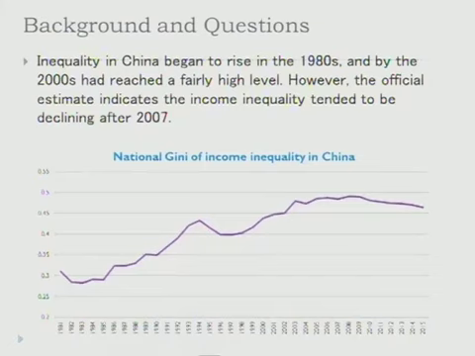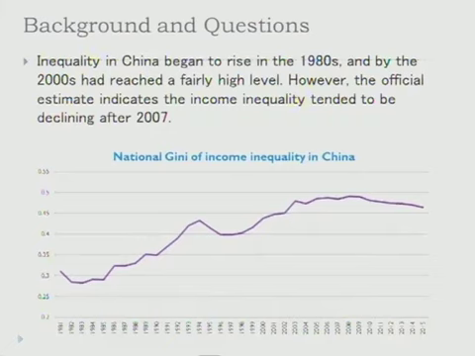However, the official estimate of the Gini coefficient in China as a whole indicated income inequality tended to decline after 2007. So this figure indicates the long-term changes in income inequality in terms of the Gini coefficient in China.